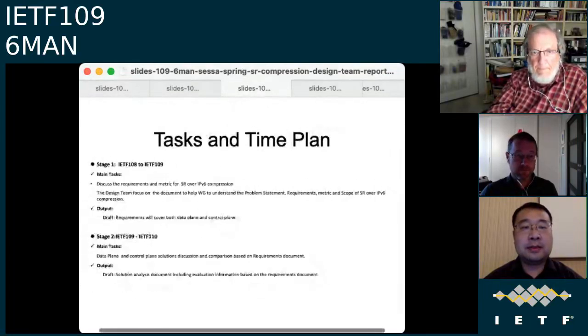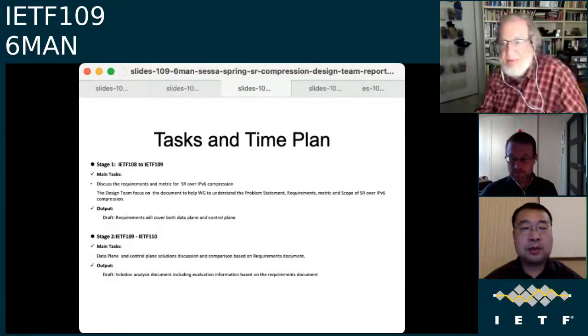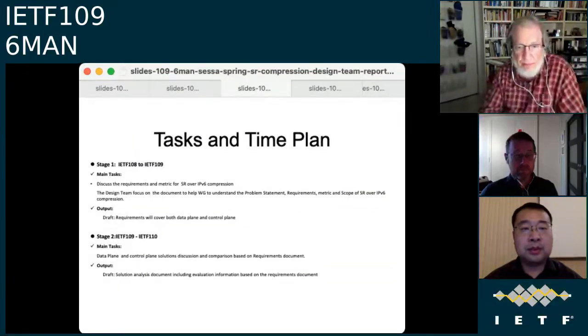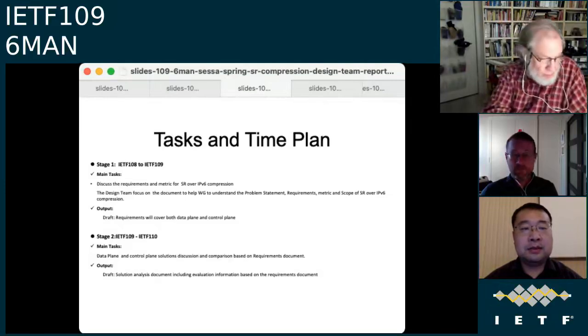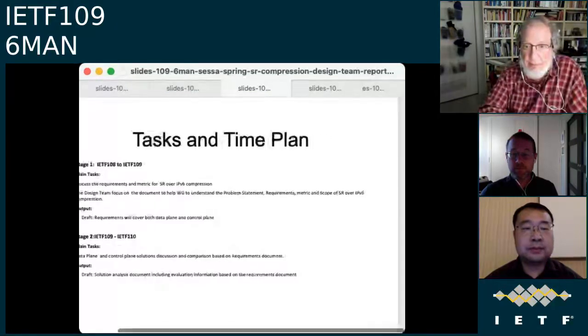And the second is, during IETF 109 to IETF 110, we will do some analysis on several proposals and output an initial analysis draft. So this is a basic plan. Next page.